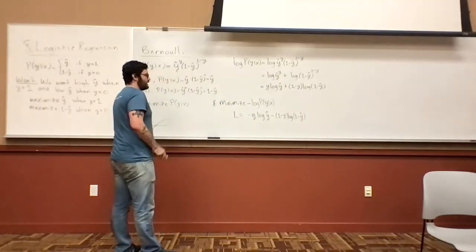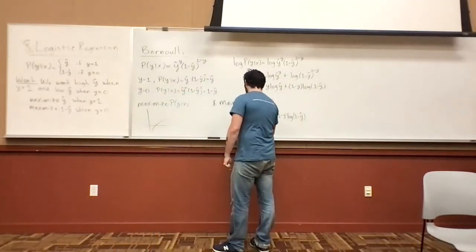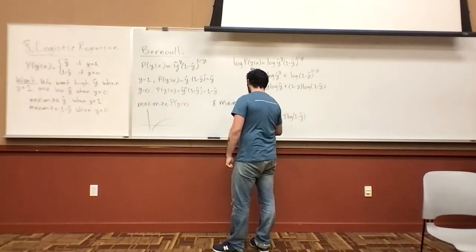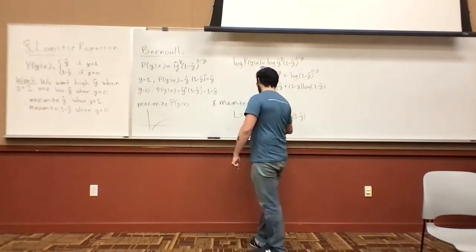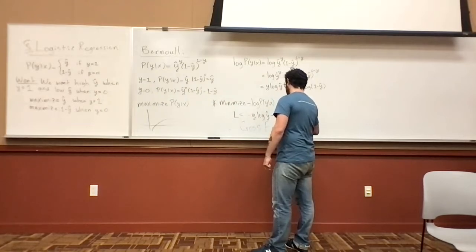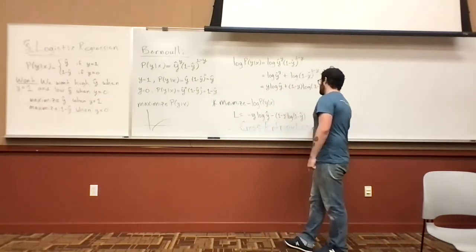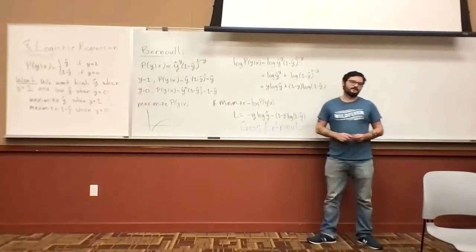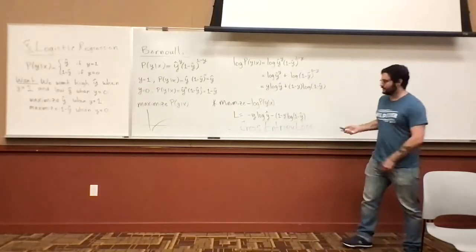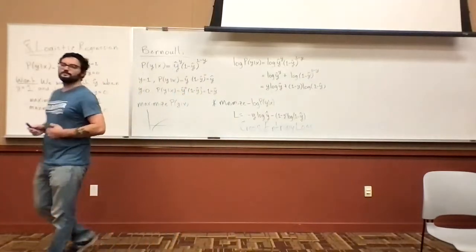And this loss function has a name. This is called the cross entropy loss. To be a little bit more specific, technically the binary cross entropy loss, but this is the general form that you'll see.